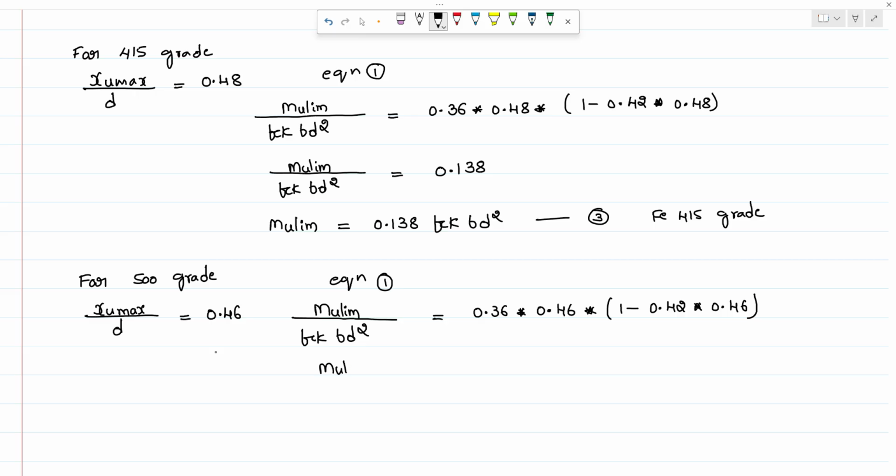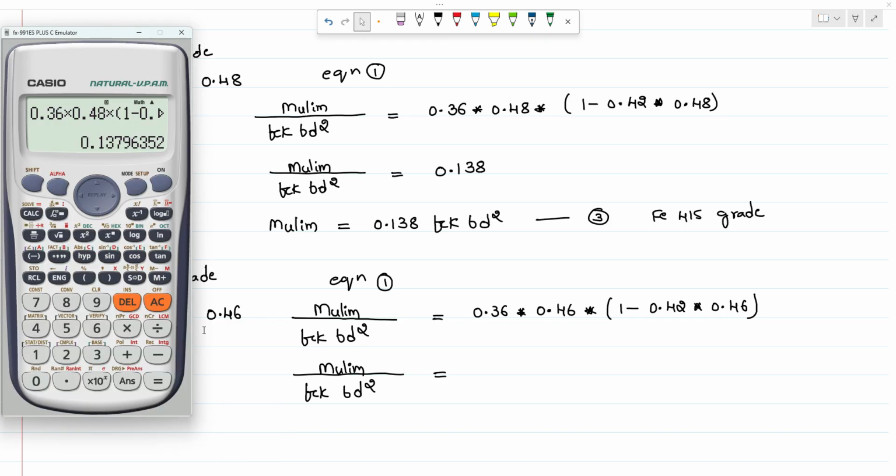On the left hand side it is the same, Mu limit divided by fck bd square equals, so let me solve this. Instead of 0.48 it is 0.46, so it is 0.133.